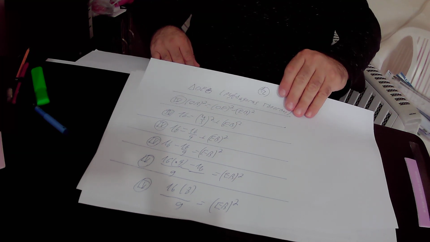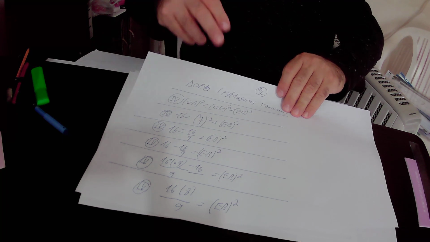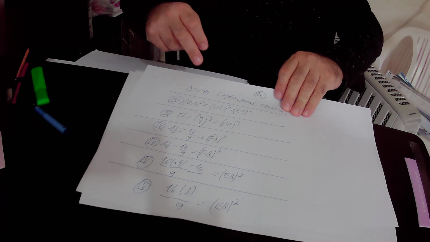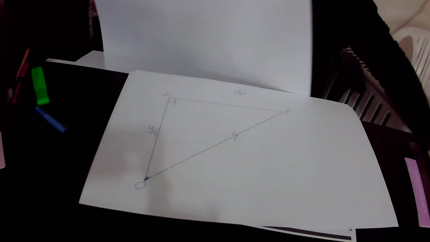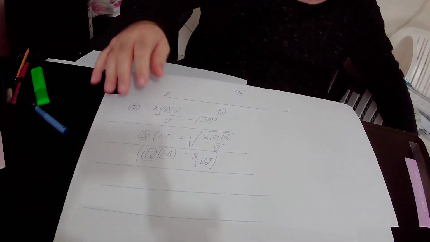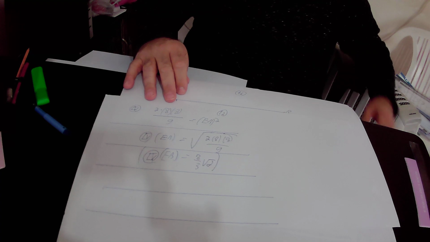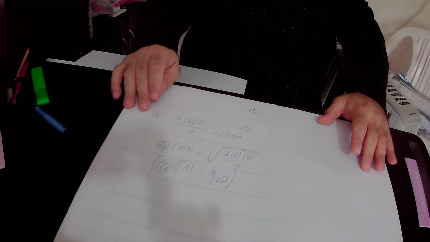And 16 equals 8 times 2, so we substituted 16 by 8 times 2 in this equation number 2. So we have 2 times 8 over 9 equals EB square.